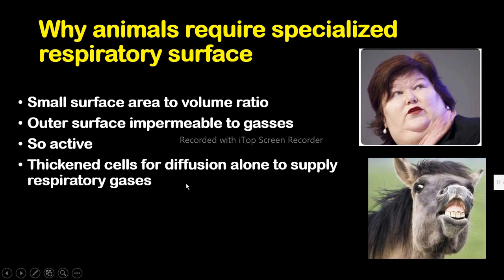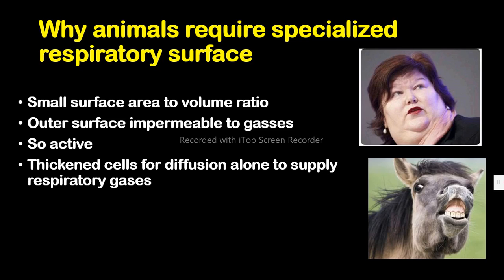So thickened cells, diffusion alone can't supply. Now, our cells are thick, not thin enough. If you compare eukaryotic cells, they are thick, not thin enough to allow diffusion alone to supply these respiratory gases.